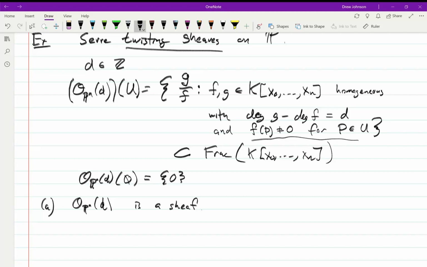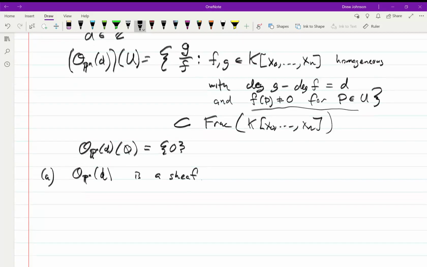If you have two things that restrict to match on a smaller open subset, then G over F in the fraction field has a unique representation if you cancel out all the common factors. So if they agree on a smaller open subset, they must have come from the same thing, so they trivially glue. This is not too hard to check.